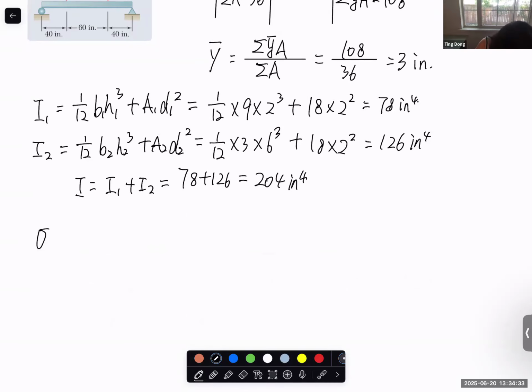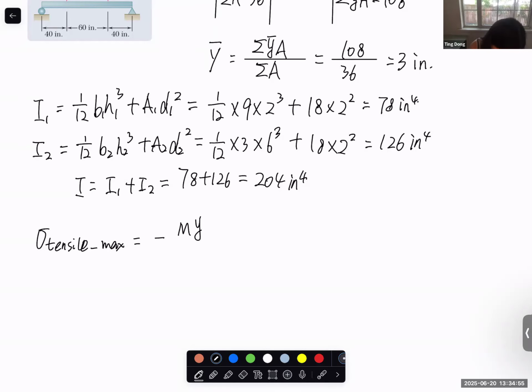Let's say I use the subscript tensile maximum. It should be equal to negative M Y over I. It's about which Y should we use.